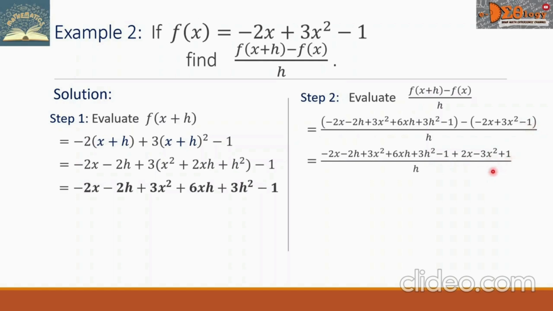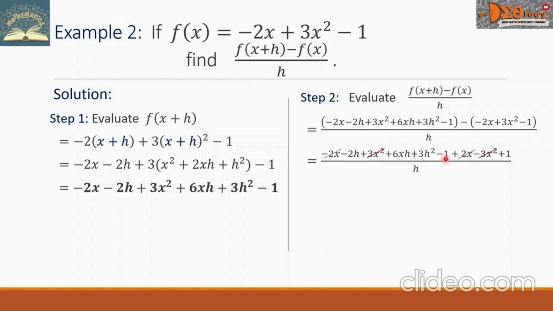Now, let's combine like terms. Look at the negative 2x. There is a positive 2x here. We can cancel it out because it becomes 0. Also, the 3x squared positive, there is a negative 3x squared here. When we combine, it becomes 0.